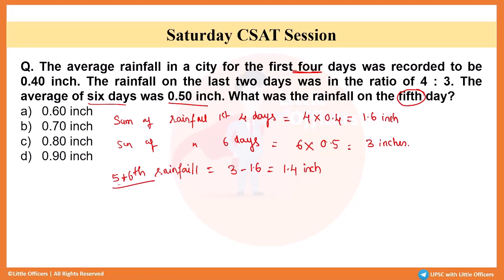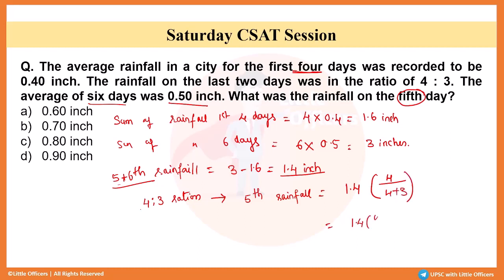But at the same time it is also given that 5th day 6th day का rainfalls जो है वो 4:3 रेशियो पे है. ठीक है. दैट मीन्स 5th डे पे थोड़ा ज्यादा बारिश, 4 टाइम्स बारिश हुआ है कंपेयर टू 3 टाइम्स ऑफ रेनफॉल ऑन दी 6th डे. राइट. नाउ इस बेसिस पे इफ यू वांटेड टू कैलकुलेट व्हाट इज द रेनफॉल ऑन 5th डे, रेनफॉल इज इक्वल टू, सी दोनों दिन में कितना हुआ था? 1.4 इंचेस. इसमें से 5th डे पे कितना प्रोपोर्शंस हुआ है? 4 प्रोपोर्शंस. आउट ऑफ हाउ मेनी प्रोपोर्शंस? 4 + 3 प्रोपोर्शंस. सिंपल. ठीक है. सो 1.4 into 4 divided by 7, so 0.2 times 4, the answer is going to be 0.8 inches.